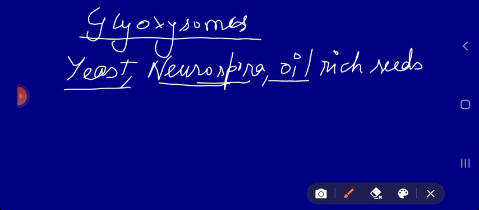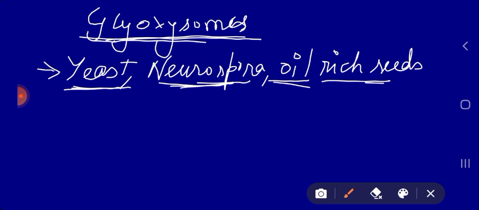Glyoxysomes are absent in your mature and dry seeds. Okay, so these are the common things which are found. Glyoxysomes are found in yeast, in neurospora, in oil-rich seeds, but absent in dry seeds.